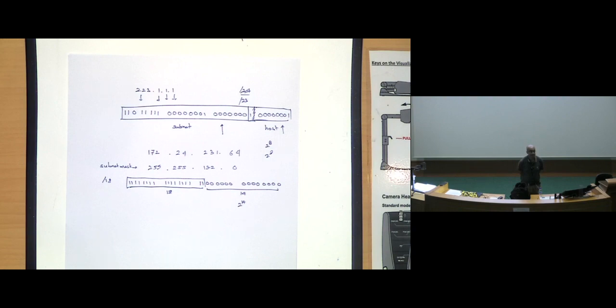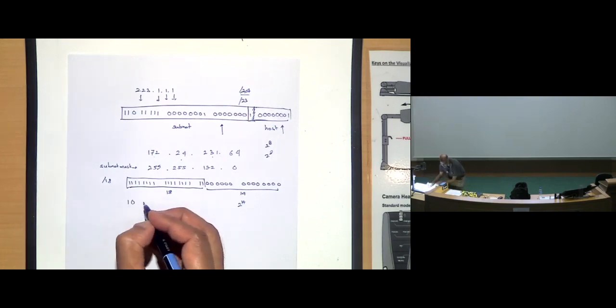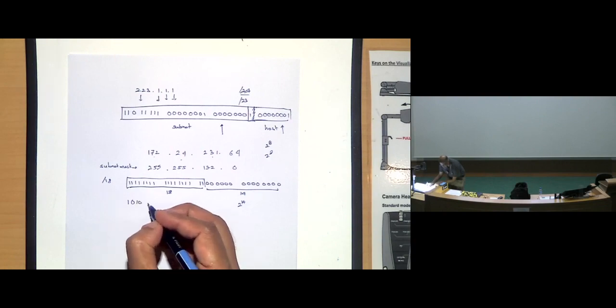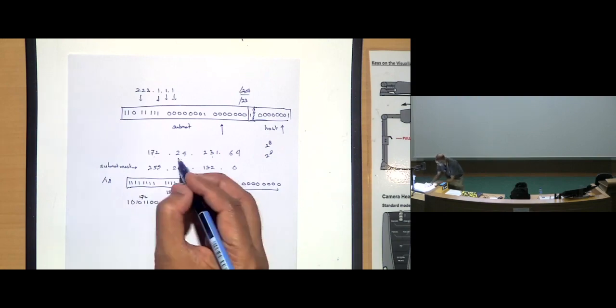Okay, and if you were to ask, all right, fine, all good, what is my subnet ID? What is the subnet ID of this particular network? So what you're going to do is, this 172.24.231, this is my IP address, right? Blow it up into binary. Let's do that. How much is it? 172. So this is going to be 10101100. This is 172. Then 24.